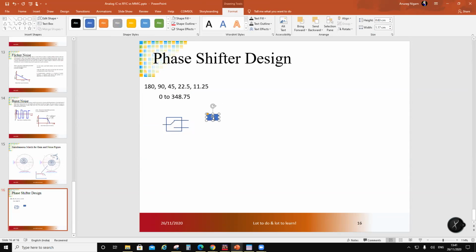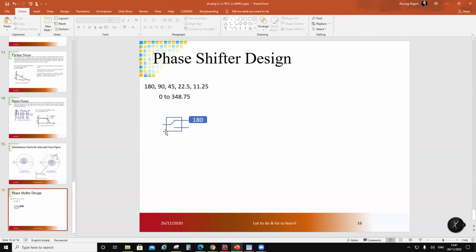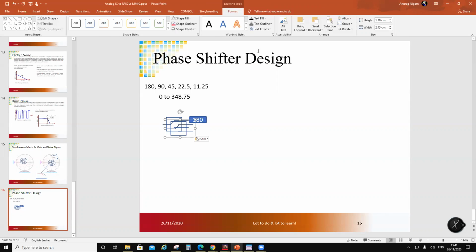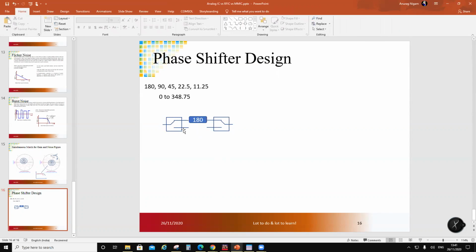So basically I can put in 180 degrees. Okay, and I'll just repeat this. And over here, this would be directly connected.